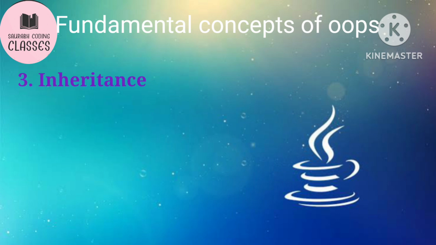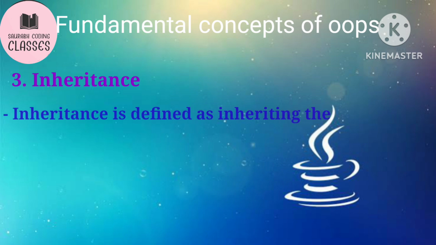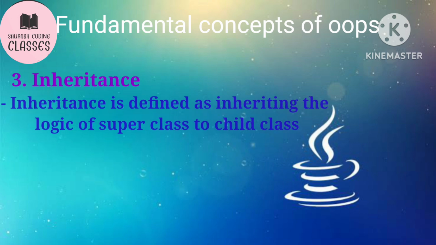And the third one is inheritance. In simple terms, inheritance is like a child inheriting something from his or her parents: some properties, some behaviors. In the same way in Java, or OOPs, inheritance allows us to create a new class from a base class.